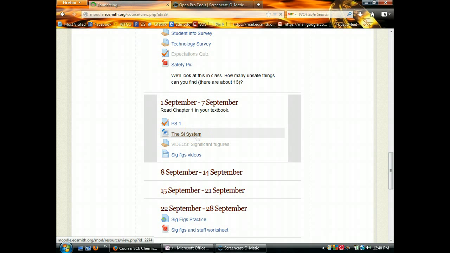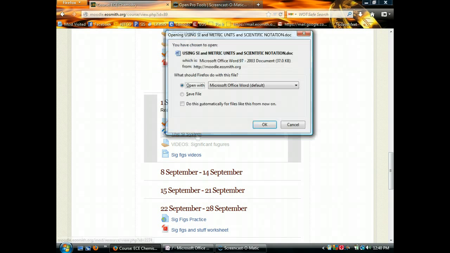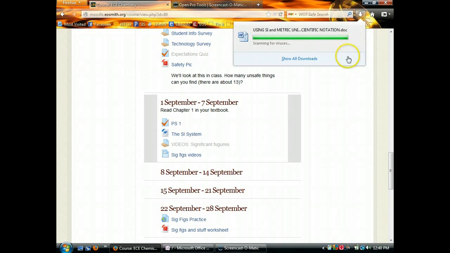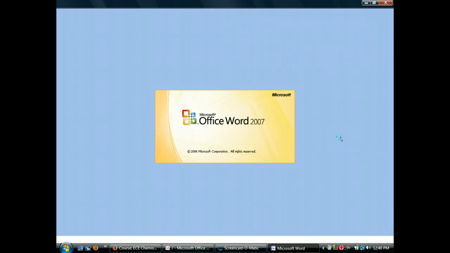We click on this. This is, hopefully, a helpful little summary of the SI system for those of you who might not be as familiar with it. Because, like I said, you're going to have to memorize all the SI units, and you'll have to be able to do all the conversions between them.